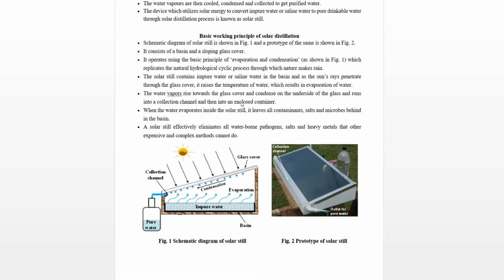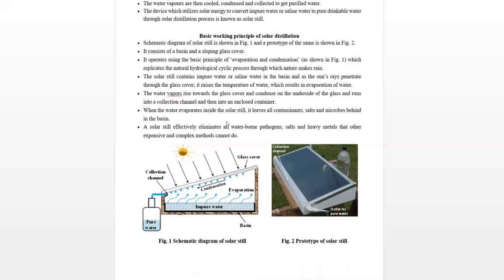This natural hydrological cycle is also called the water cycle. This cycle refers to a continuous motion of water from Earth to atmosphere and then atmosphere to Earth in a cyclic process. You see, all the water bodies like ponds, rivers, sea, the water from these water bodies gets evaporated due to the sunshine, and as the water evaporates, it rises to the atmosphere, then it goes high above.